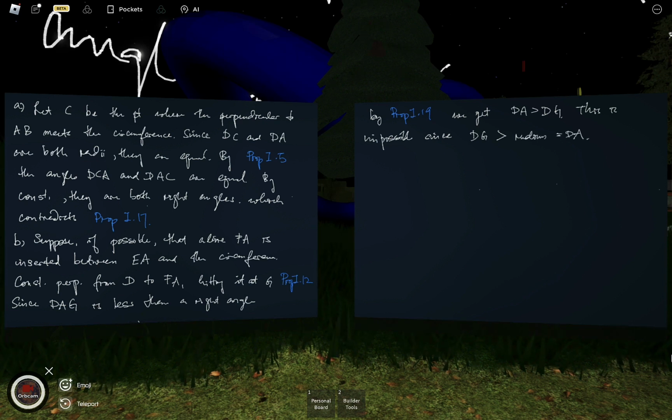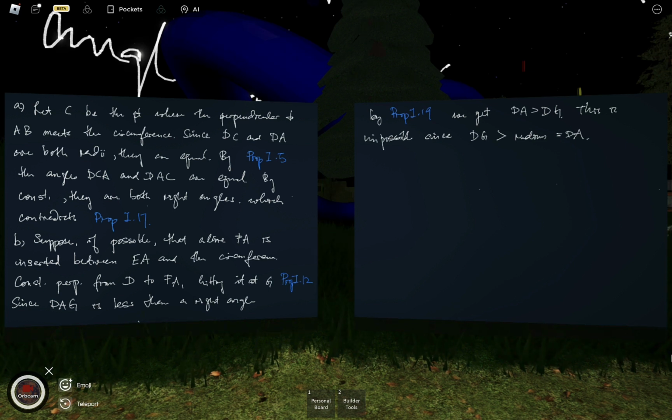And why is DG greater than the radius? Because G is outside the circle. So you draw a line from this to the center of the circle, then part of this line will include the radius. So then there's our contradiction.